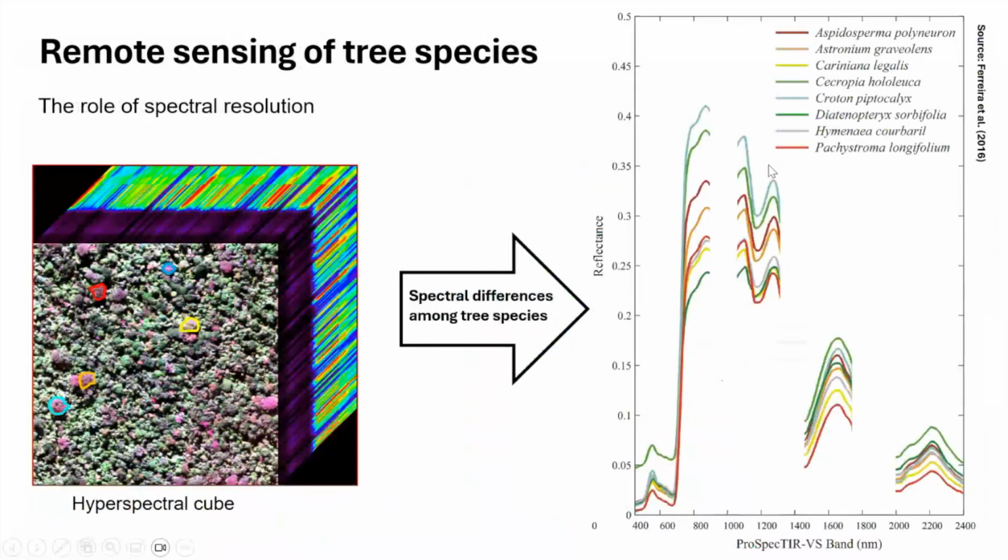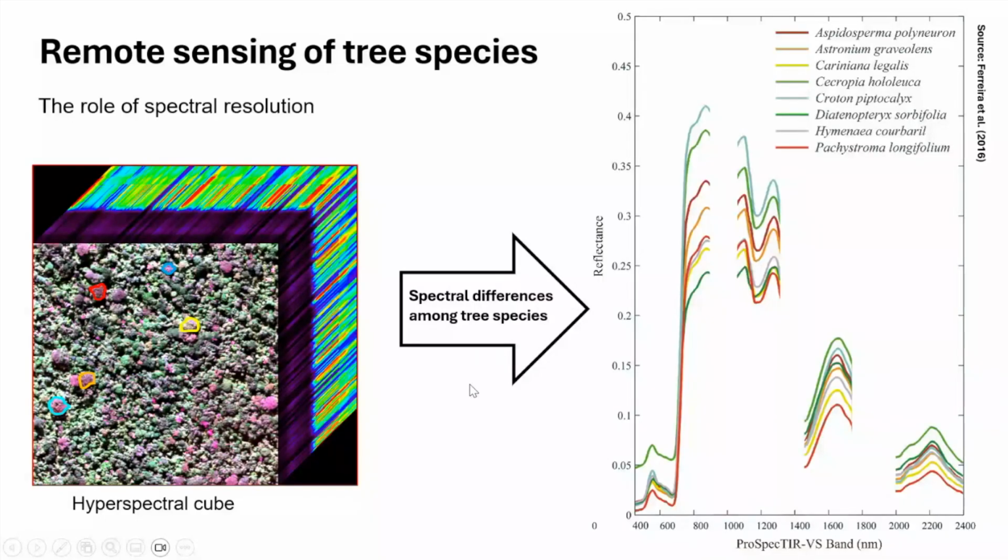But the literature of tree species discrimination usually was performed, most of the works involved hyperspectral remote sensing.